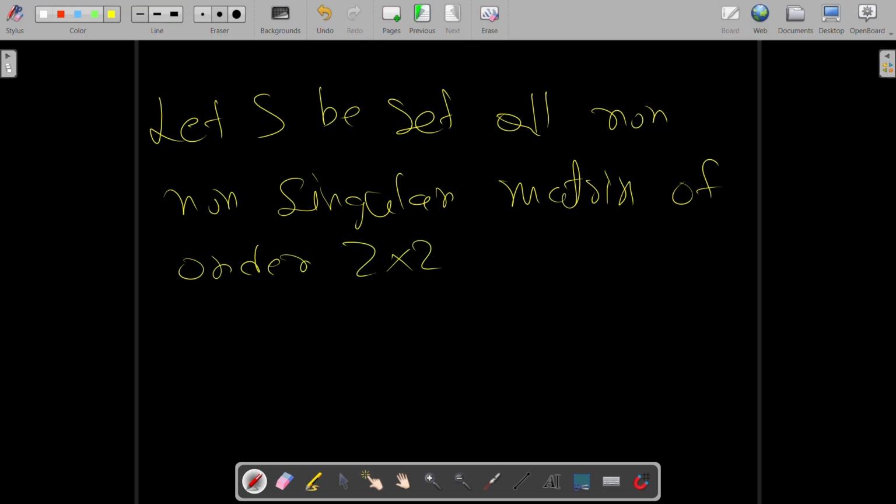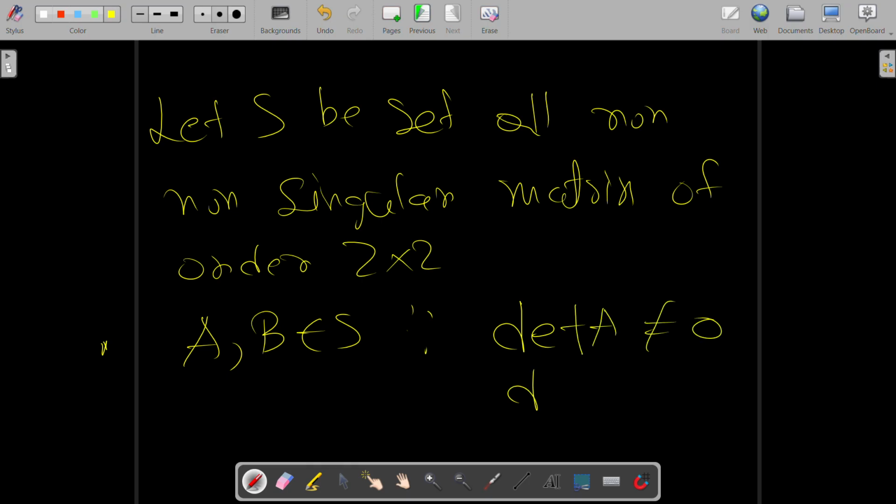Then let's do the proof. For any two elements A, B belonging to S, since they are non-singular, the determinant of A is not equal to 0 and the determinant of B also will not be equal to 0.